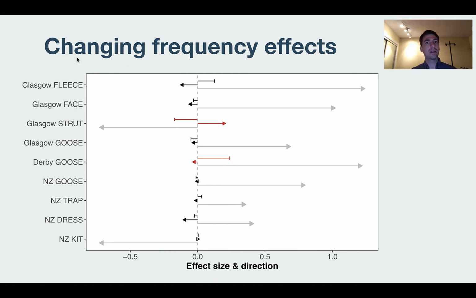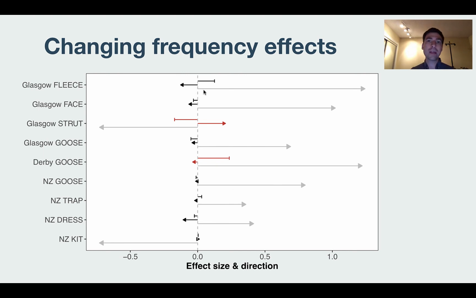And let me just try and break this graph down for you. So what we see here is each of the rows corresponds to a different instance of sound change. So we've got Glasgow fleece and Glasgow face, etc., etc. And then for each of those instances of sound change, I am plotting two different pieces of information.